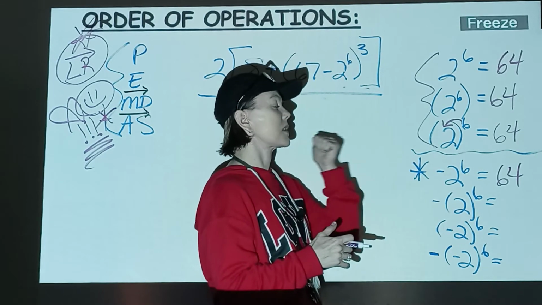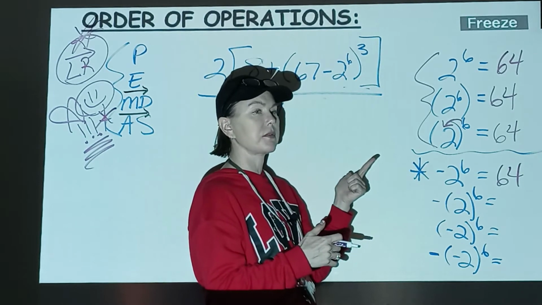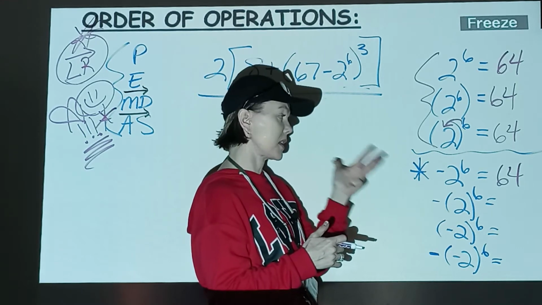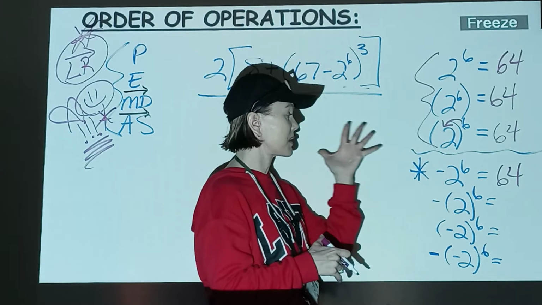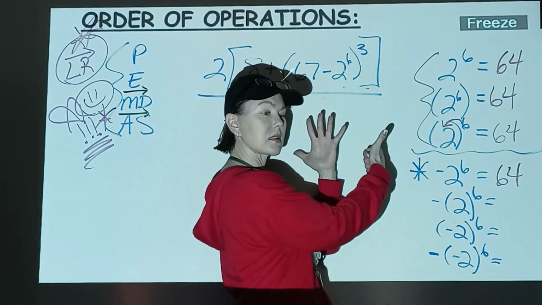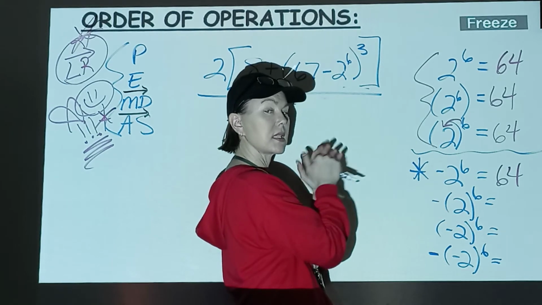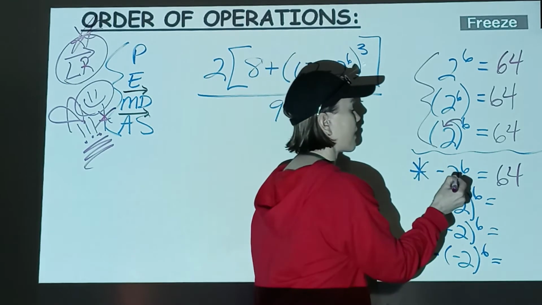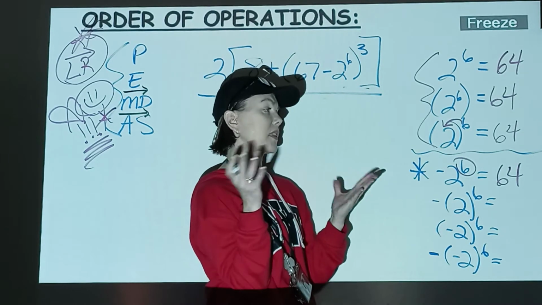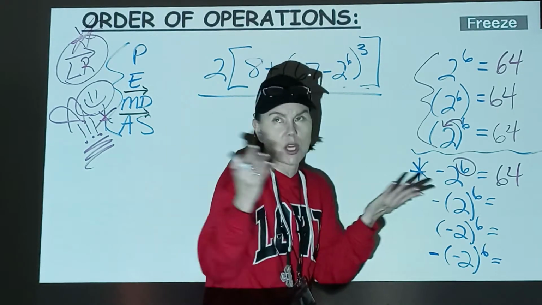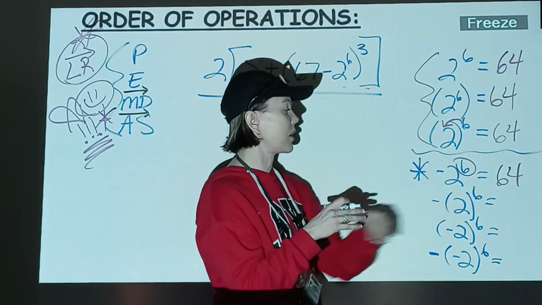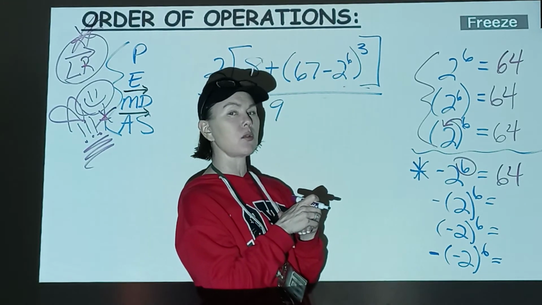A negative times a negative gives you a positive, times a negative gives you a negative, times a negative gives you a positive, times a negative gives you a negative, times a negative gives you a positive. So whenever you have an even exponent with a negative number, that's just a trick of the trade, shall we say, you wind up with a positive outcome.